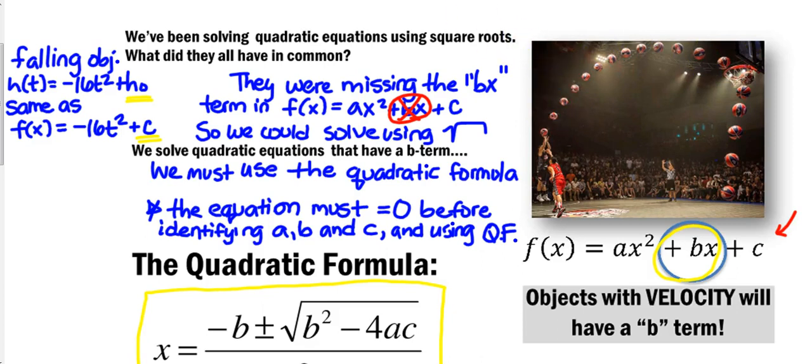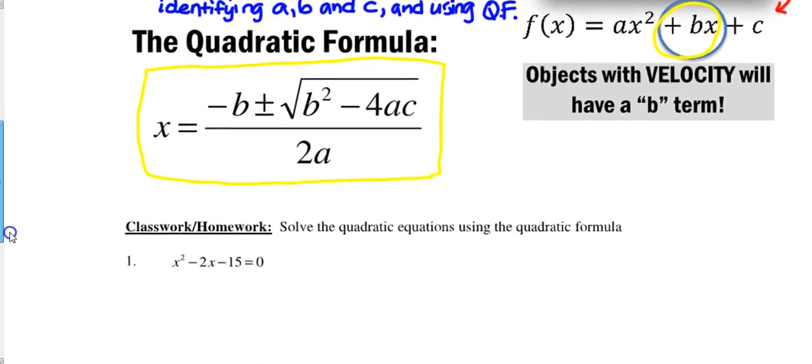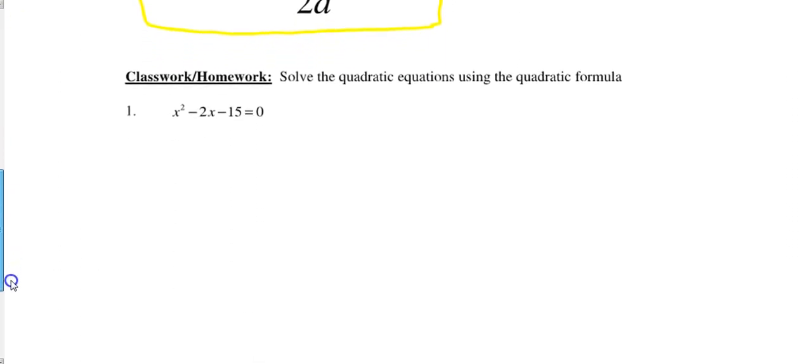And I'm hoping that we recognize the shape, the shape that the path of this ball is making. Notice, if I trace it, it's a parabola. It's quadratic in nature. But to be able to solve these real-world questions, we have to have our quadratic formula skills down and be comfortable with it. So we are going to start practicing right now.